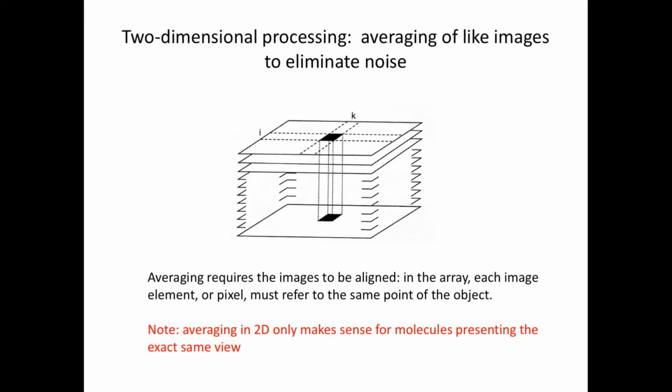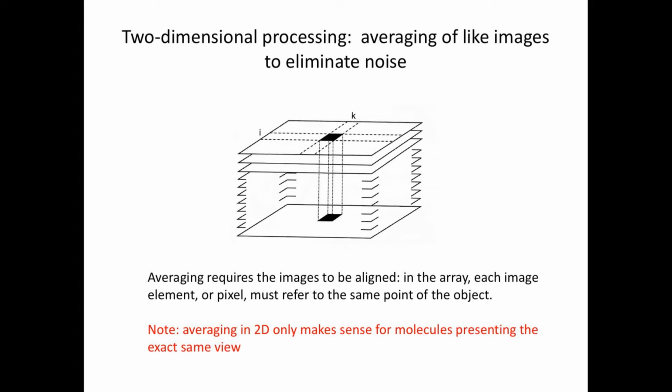Okay, so with averaging, we want to average over images to eliminate the noise. But in order to do this, we really need to make sure that the contents we want to average in the images are aligned relative to each other, because otherwise we have an apples and oranges situation.